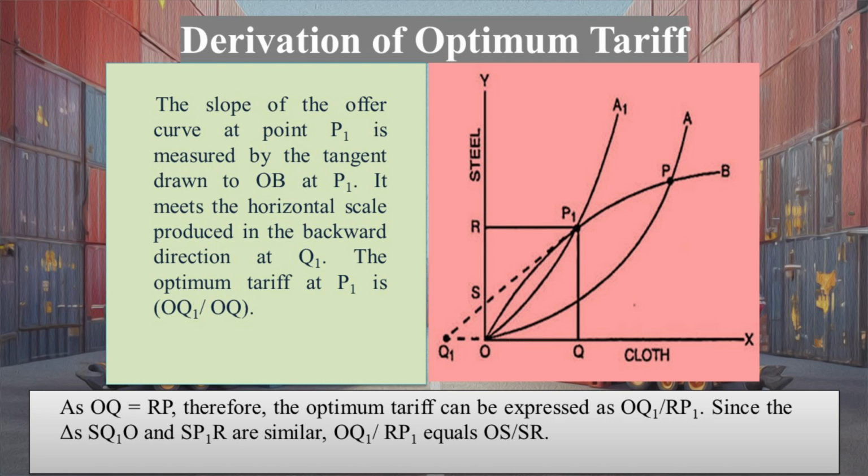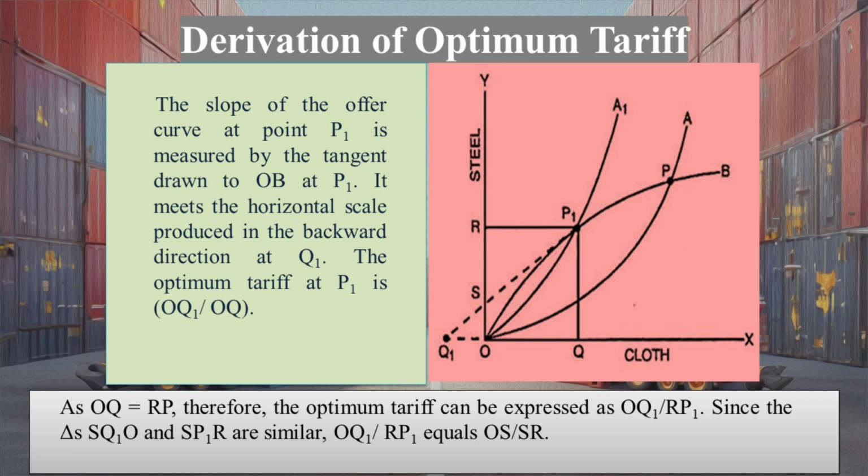It meets the horizontal scale produced in the backward direction at Q. The optimum tariff at P1 would be OQ divided by OQ1. As OQ is also equal to RP1, the optimum tariff can be expressed as OQ1 divided by RP1.